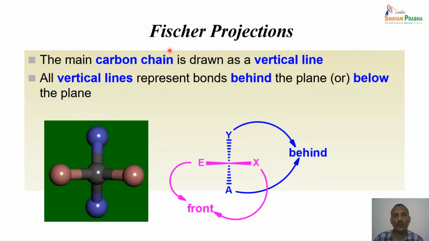So how to do the Fischer projection? It is given here. As we mentioned, the main carbon chain is drawn in the vertical line. So this A, the center carbon C and Y, all this vertical line basically contains the carbon chain, and the vertical line represents bonds behind the plane or below the plane.